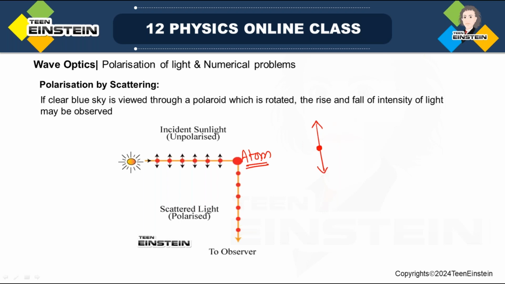If the sunlight gets scattered by this atom, and we view this scattered light from a direction perpendicular to the direction of incident light, so this is an atom which is scattering light.